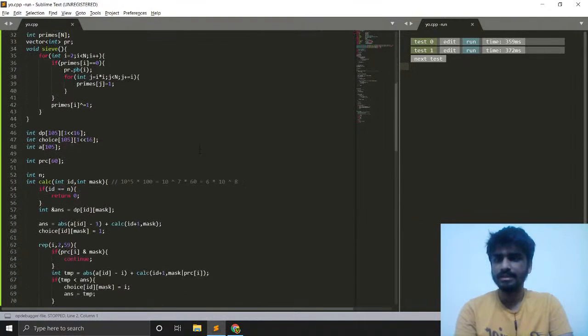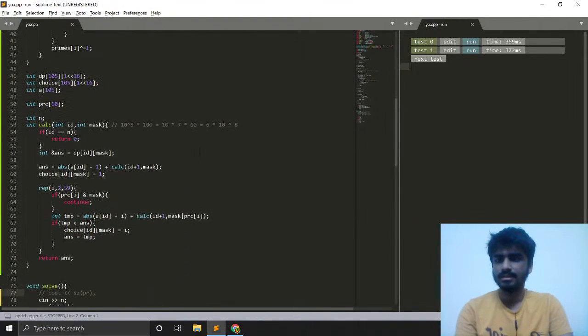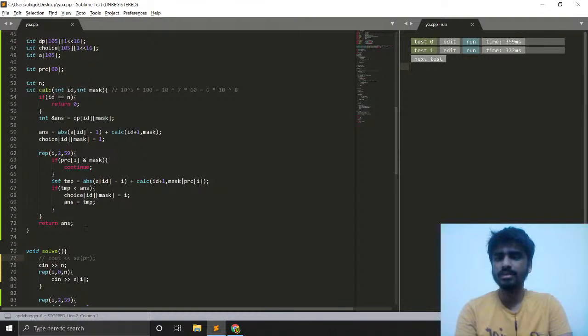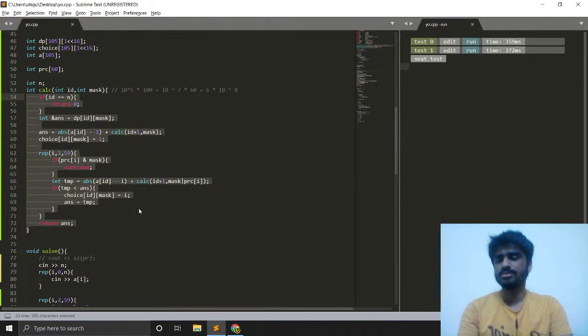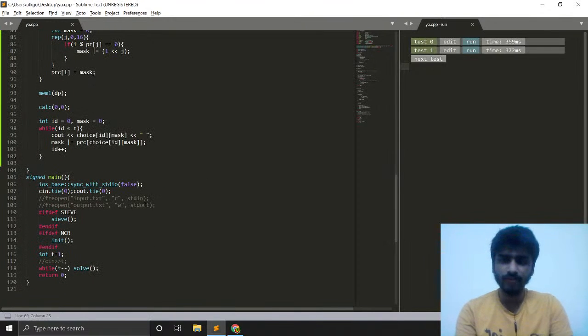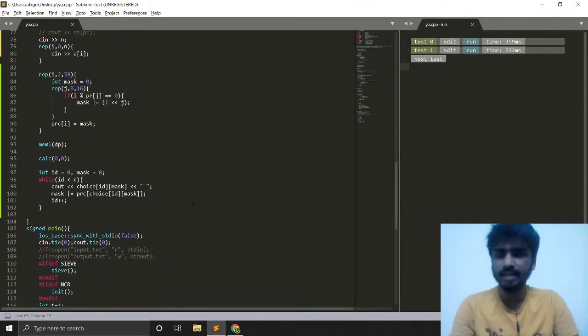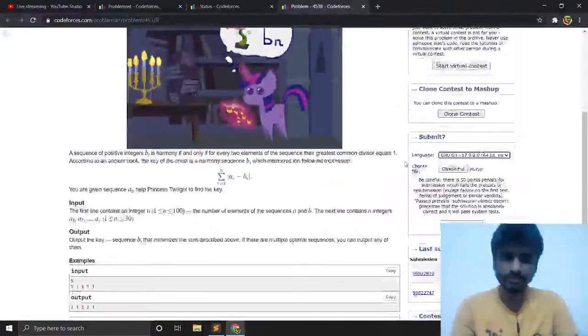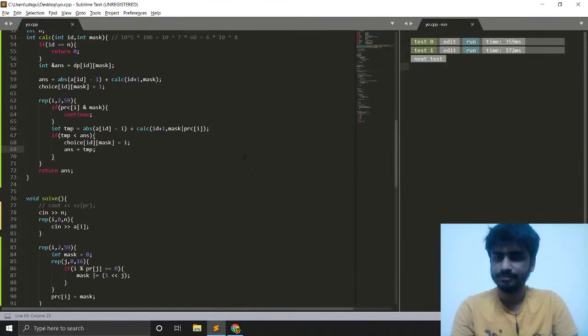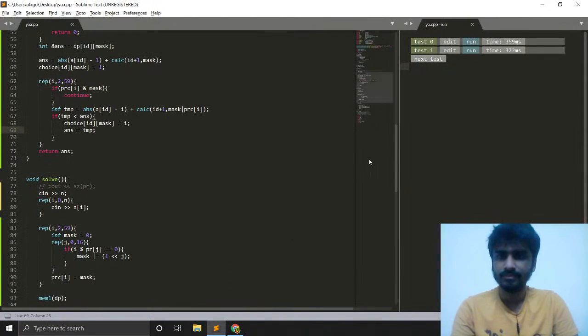I don't really see any other optimization that I can make. I know it's slow due to recursion, and I can remove recursion to speed it up. Don't know if it's worth it. But if it fails on the 64-bit compiler, then definitely that's what I'm going to do. I'll have to get rid of the recursion. But anyway.